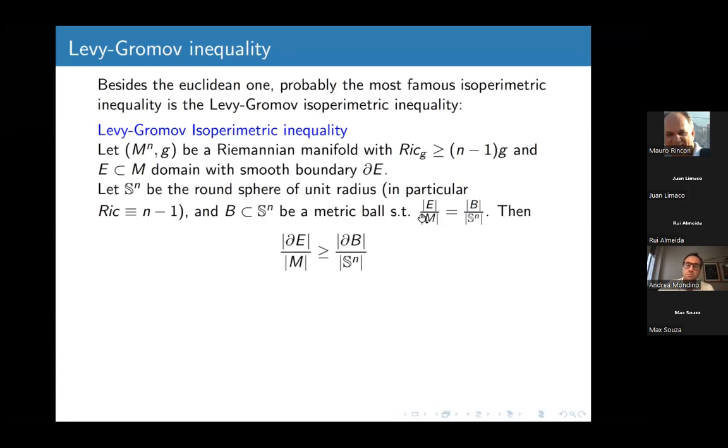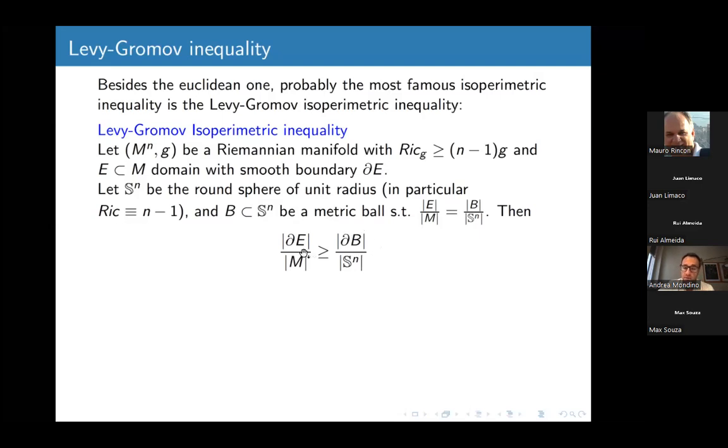Okay, so given such a ball, the isoperimetric inequality tells us that the renormalized perimeter of E is bounded from below by the renormalized perimeter of the ball inside the sphere. So what is the renormalized perimeter? It means we take the perimeter of E, or say, since E has smooth boundary, the boundary measure of the boundary of E, we divide it by the total volume of the manifold, and we compare it with the corresponding quantity for the ball.